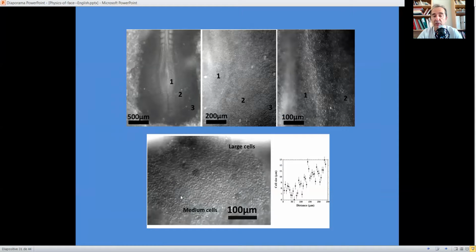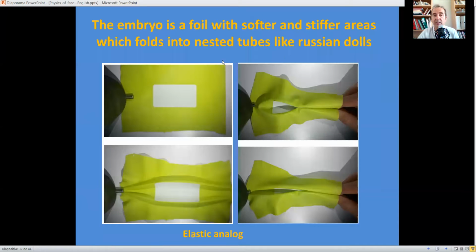Okay, and you see that there is a shoulder or a step of a variation of what? This is cell size, as measured really by counting the cells and the diameter of the cells. You see you have large cells here, small cells here, large cells here, small, and there is a boundary between small and large cells. So in fact, the embryo is like an elastic rubber foil with softer and stiffer areas, which falls into nested tubes like Russian dolls.